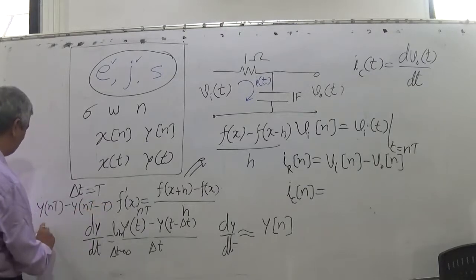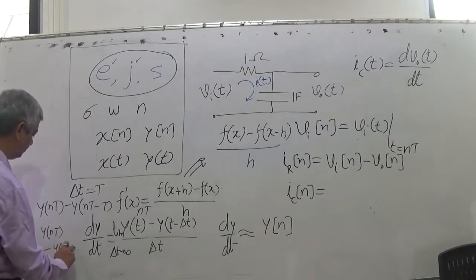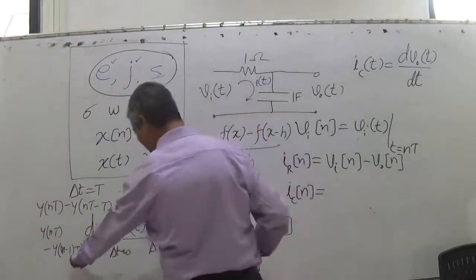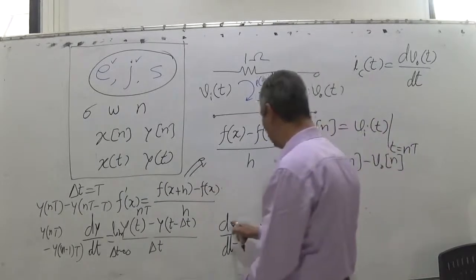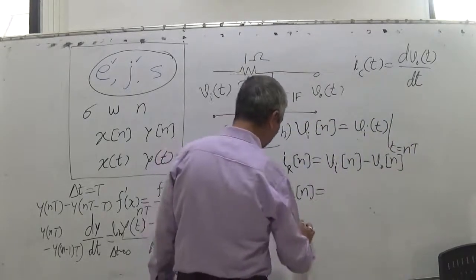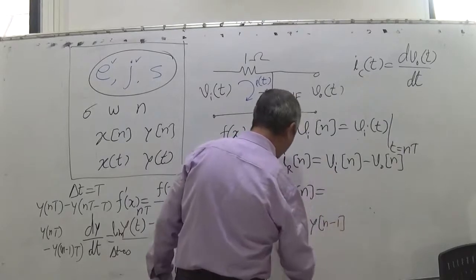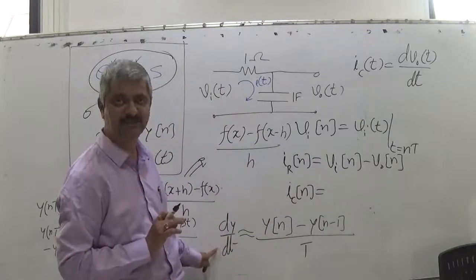So this is y(nT) minus y((n minus 1)T). nT is the nth sample, (n minus 1)T is the previous sample. So I can write that dy by dt is approximately equal to y[n] minus y[n minus 1] upon capital T.